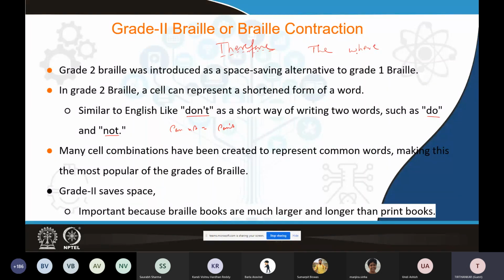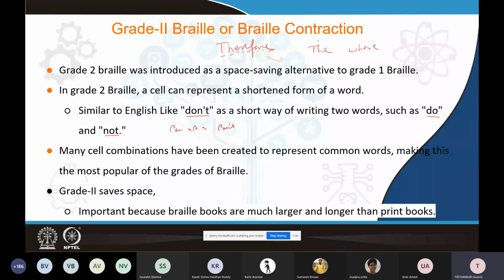So can there be a mechanism through which, instead of representing the entire word therefore by 9 different braille cells, we have 2 cells which represent this entire collection of characters?